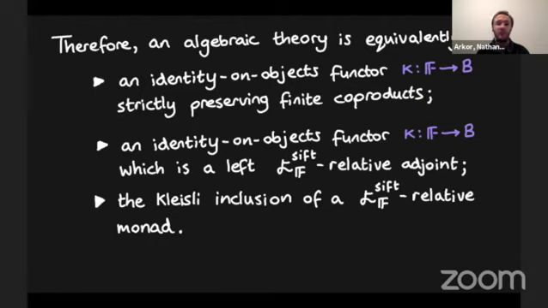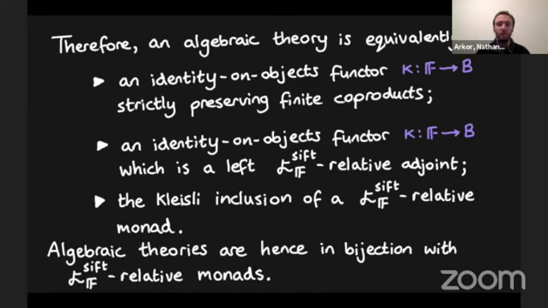So now we can say that an algebraic theory is equivalently an identity on objects functor from F that strictly preserves finite coproducts, or it's an identity on objects functor which is left adjoint relative to this sifted Yoneda embedding, or it's a Kleisli inclusion of a monad relative to this sifted Yoneda embedding. In this way we can tell that algebraic theories are in bijection with monads relative to the sifted Yoneda embedding.